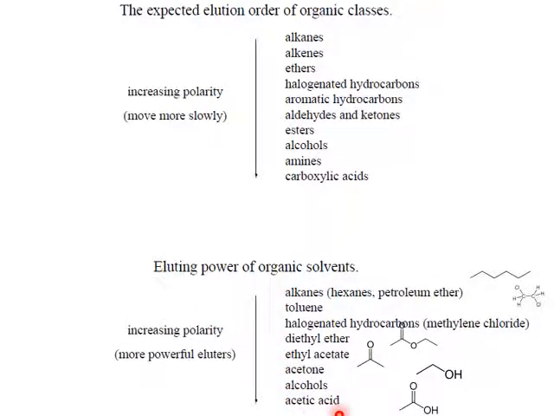If you use acetic acid, for example, it's a very, very powerful eluter. Most of what you put in there, it will push out really quickly. So keeping that in mind, a lot of the systems that I use are a combination of ethyl acetate and hexanes. It's like a middle solvent and a not polar at all solvent.